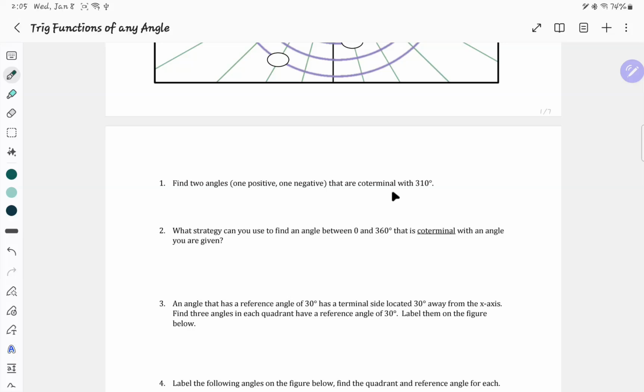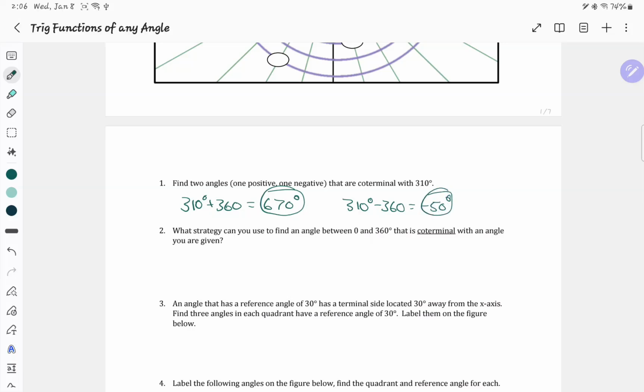All right, so I'm going to take that 310 and add 360, and that'll give me 670. So there's my positive angle that'll be coterminal. And then I'll take 310 and subtract 360, and this will give me negative 50 degrees.